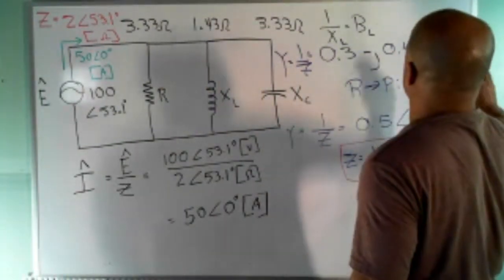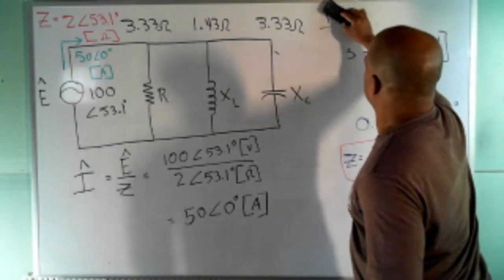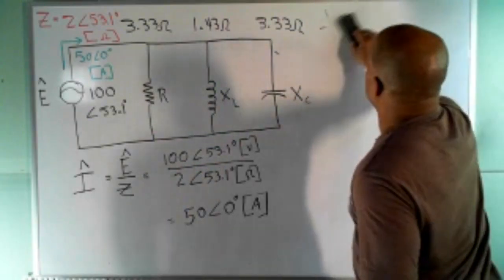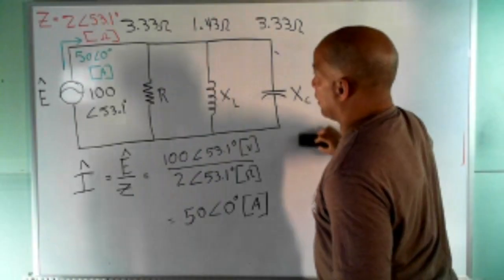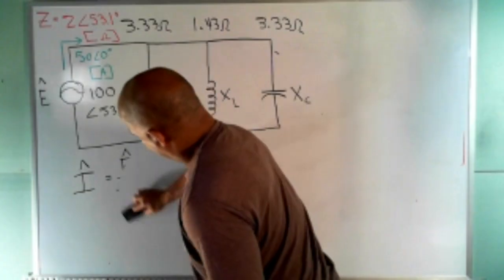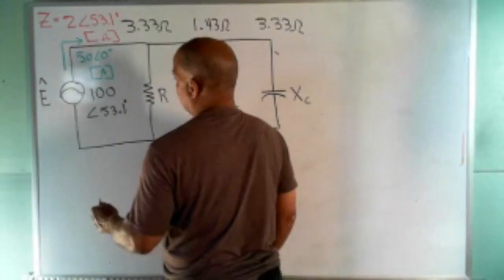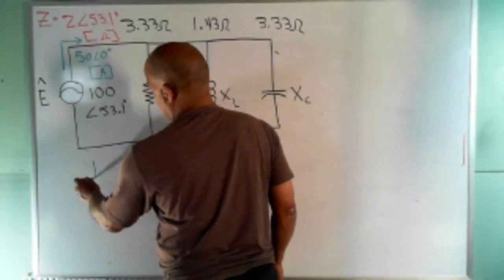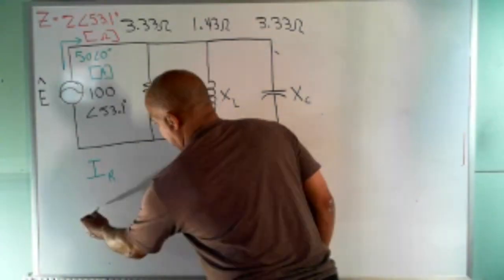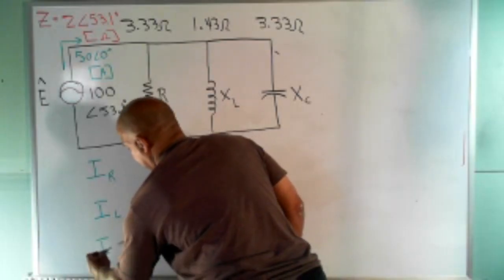So we want to find the branch current through the resistor, the branch current through the inductor, and the branch current through the capacitor.